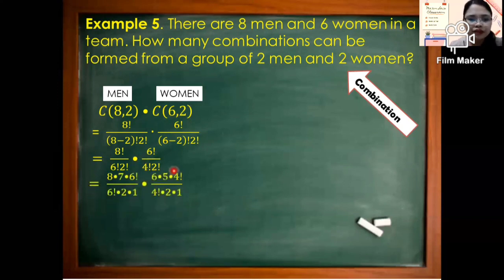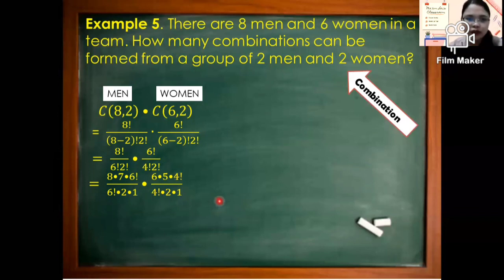Expand. Katulad ng sinabi ko kanina, expand natin yung ating numerator based doon sa pinakamalaking factorial na nasa denominator. Since ang pinakamalaking factorial sa denominator is 6 factorial, kaya hanggang 6 lang tayo. Dito naman, ang pinakamalaking value sa factorial sa denominator is 4 factorial. Kaya nag-stop tayo sa pag-expand up to 4 factorial.